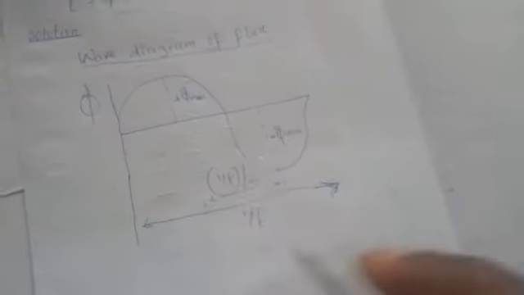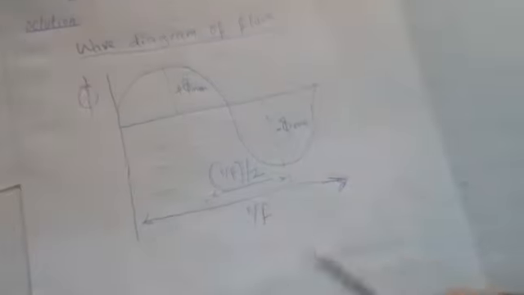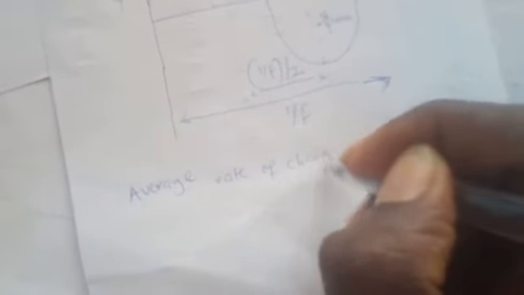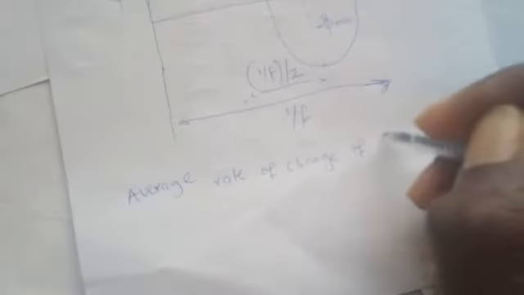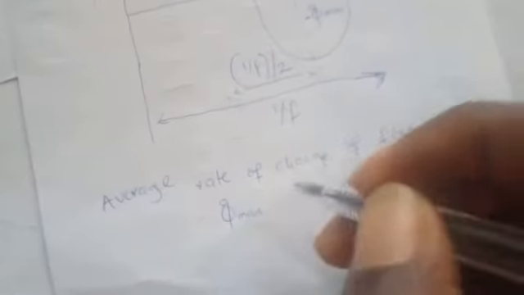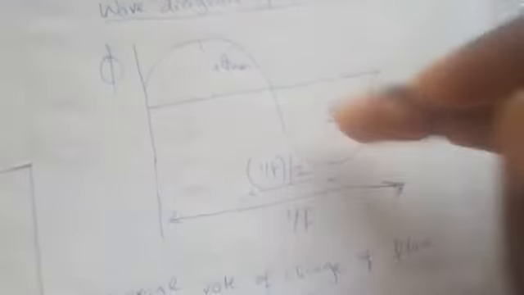Now, I will determine the average rate of change of flux for this wave diagram. My average rate of change of flux is given by the positive minus this downside, the trough side.